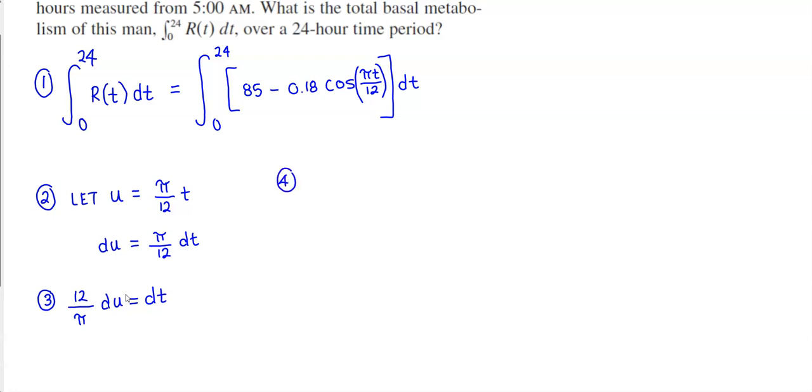So now in step 4, let's go ahead and rewrite this integral according to the substitution. We know that we're going to have 85 minus 0.18 times the cosine of u times dt, which is 12 over pi du.